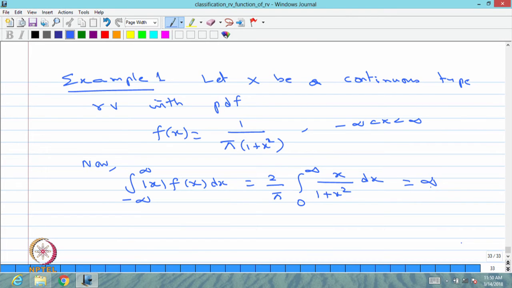You can make it a homework computing this integration, that is going to be infinity. So, since this quantity is infinity, you can conclude the expectation of x does not exist for this random variable. Even though you will get a value for the integration from minus infinity to infinity of x times f of x dx for this problem, since in the absolute sense this integration value is infinite, the mean does not exist.